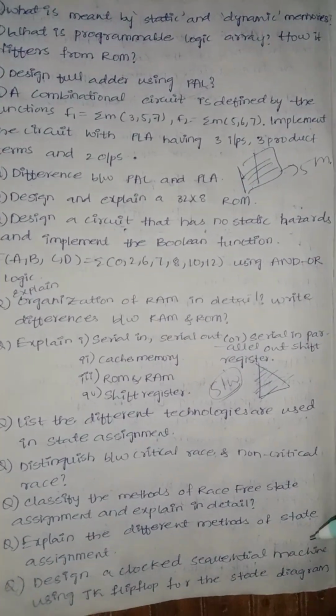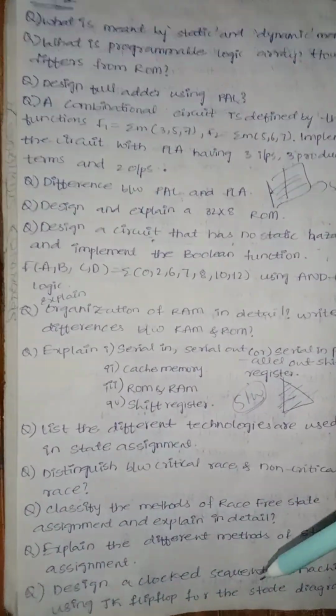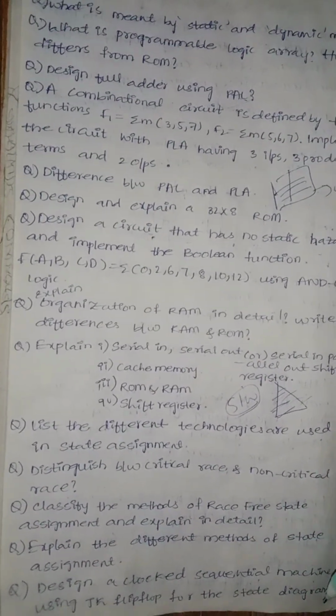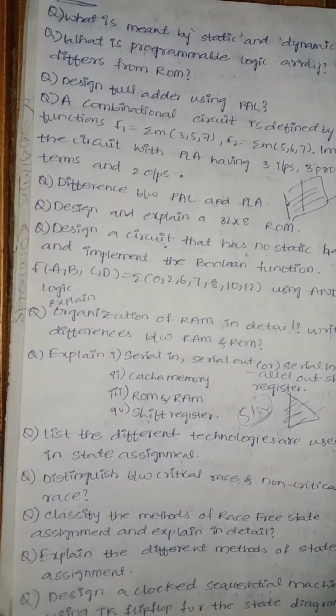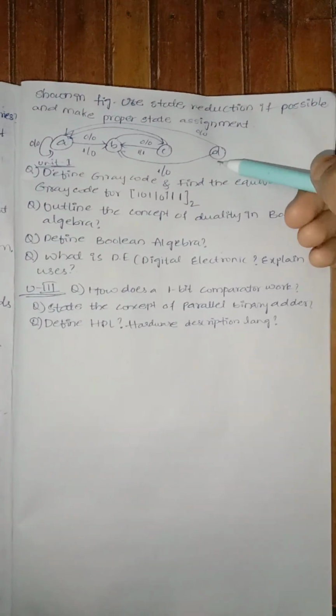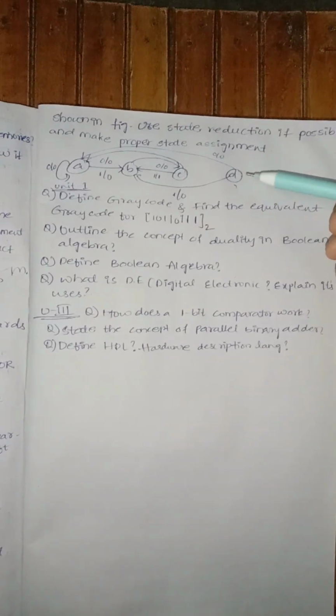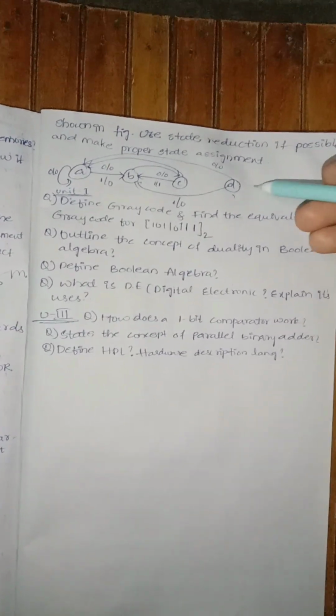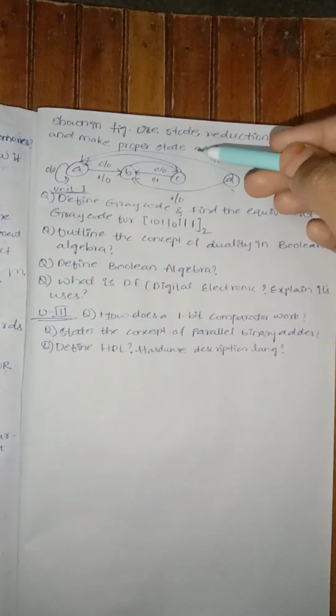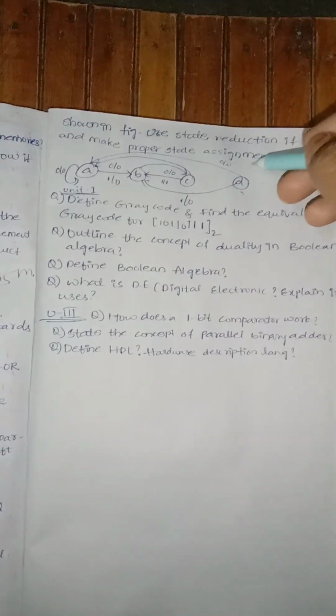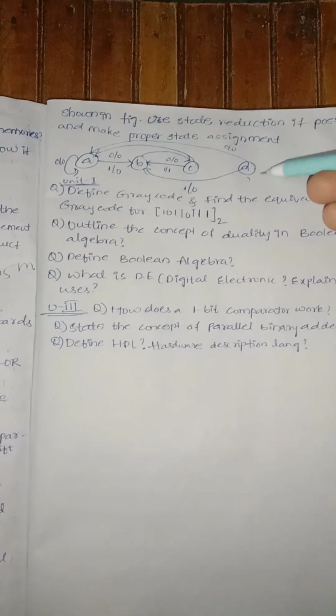Clocked sequential machine using JK flip-flop, state diagram as shown in the figure, state reduction if possible and make proper state assignment. You need to learn the state assignment concept. By using the state assignment concept we will reduce these steps.